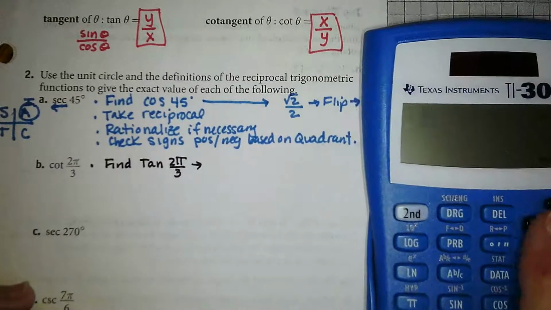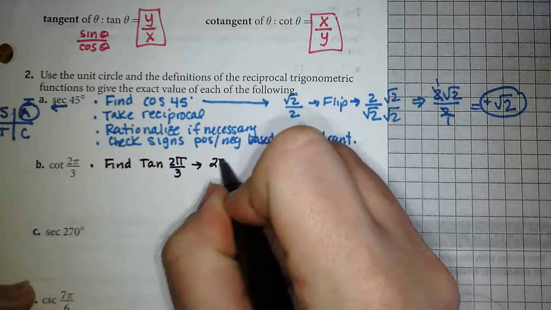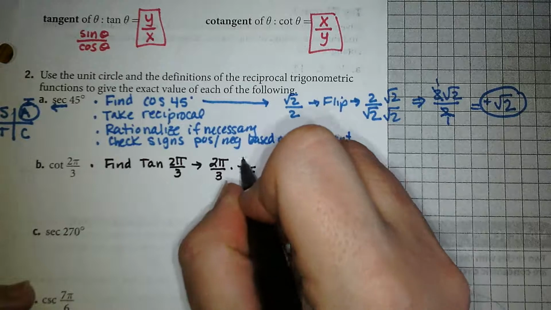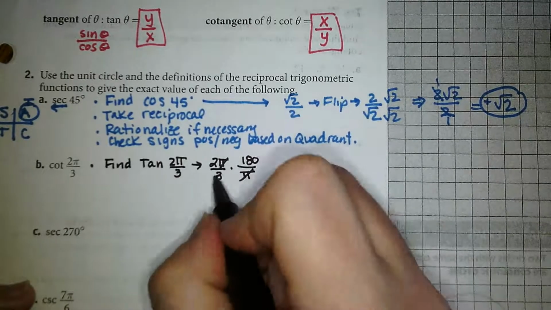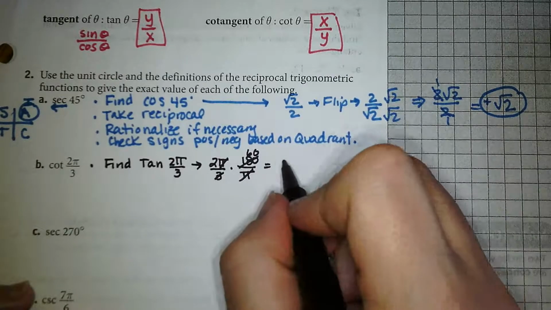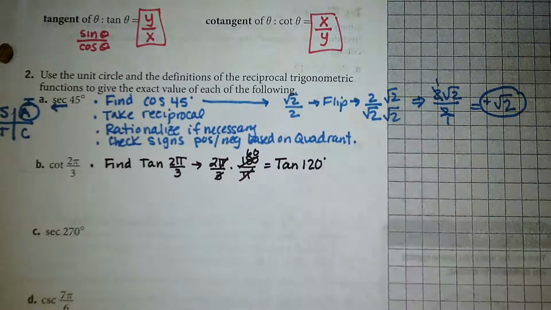So what I need to do is my conversion factor. 2 pi over 3. Remember that to convert, we want the pi's to cancel, so pi has to be on the bottom. 3 goes into 180 60 times, and 2 times 60 is 120. So I want the tangent of 120.